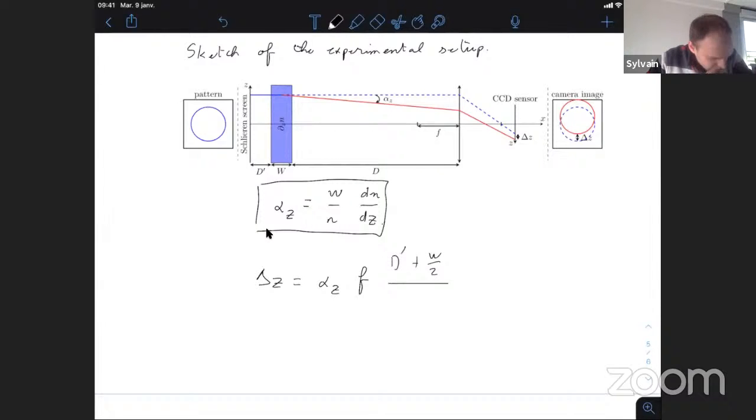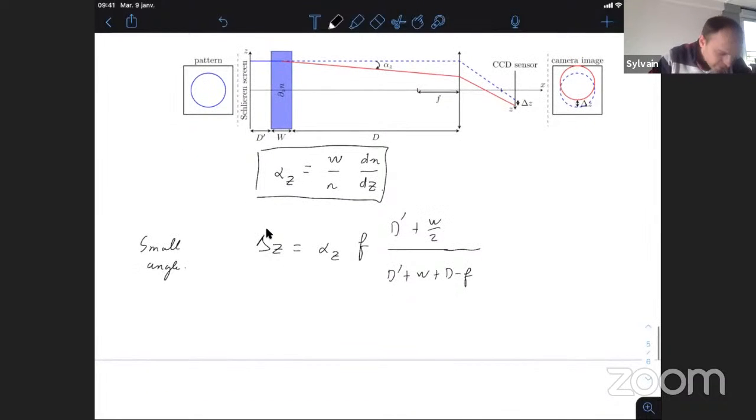To get this result, you just do some geometry with small angles. So if you measure delta z, you have a measure of alpha z, and if you have a measure of alpha z, you have a measure of this gradient of index of refraction.